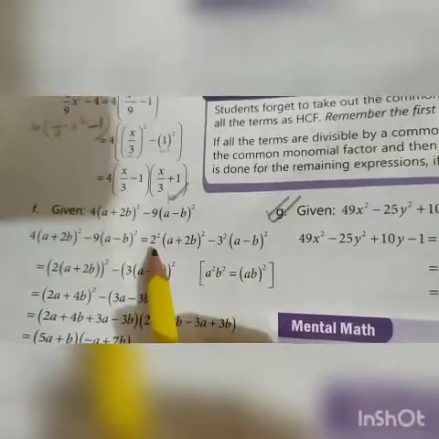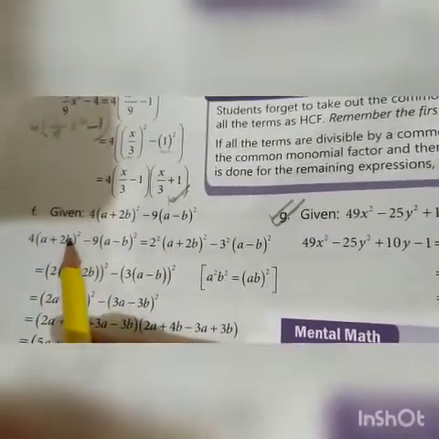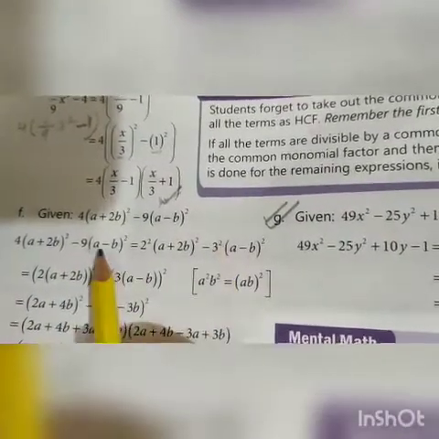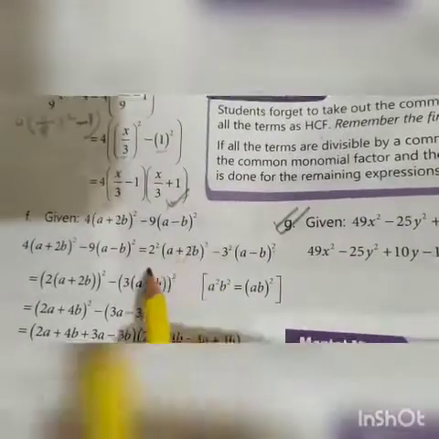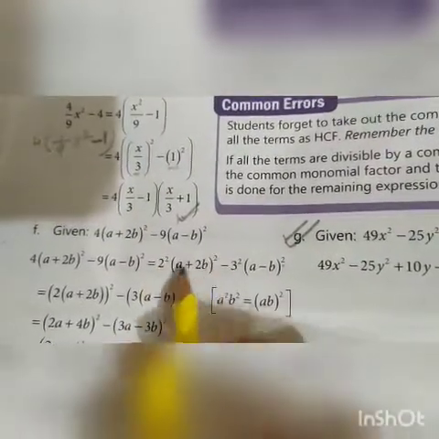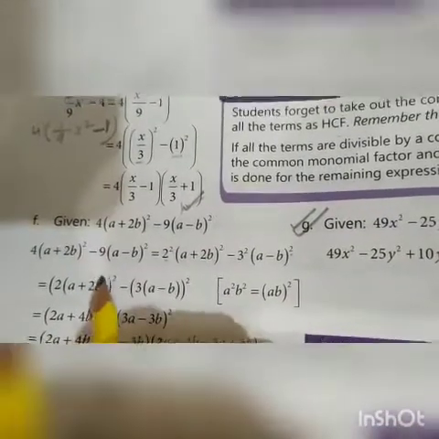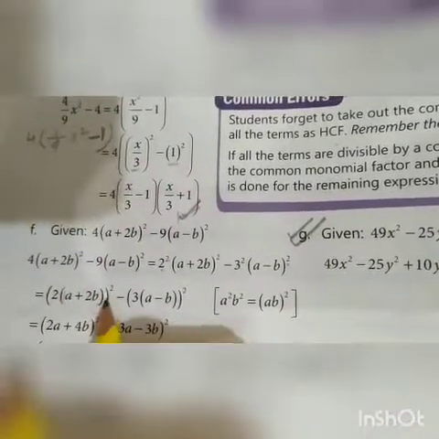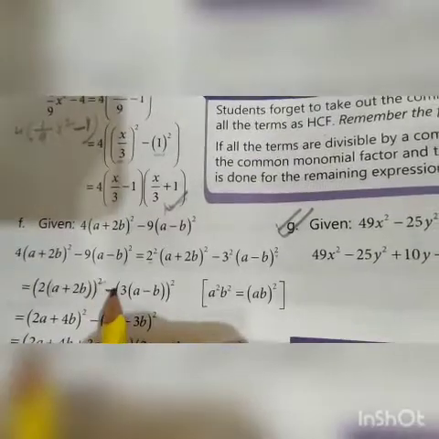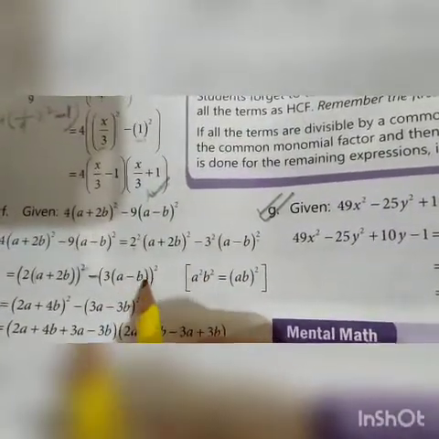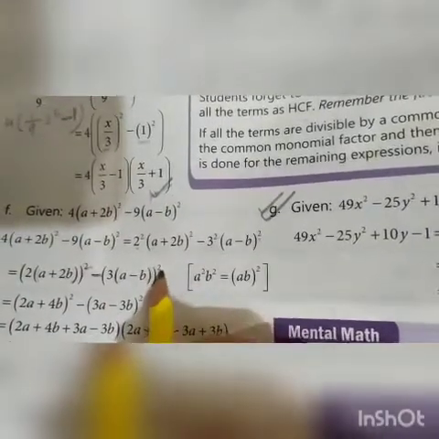This 4 can be written as 2 square. Then this (a plus 2b) whole square minus, 9 is 3 square, (a minus b) whole square. This is square and this is square. So we can write this 2 into (a plus 2b) in double bracket, then whole square minus, in the same way, 3 into (a minus b) in double bracket, whole square.